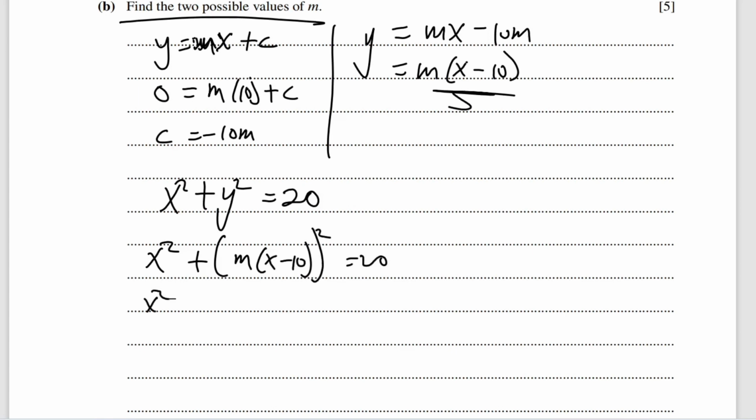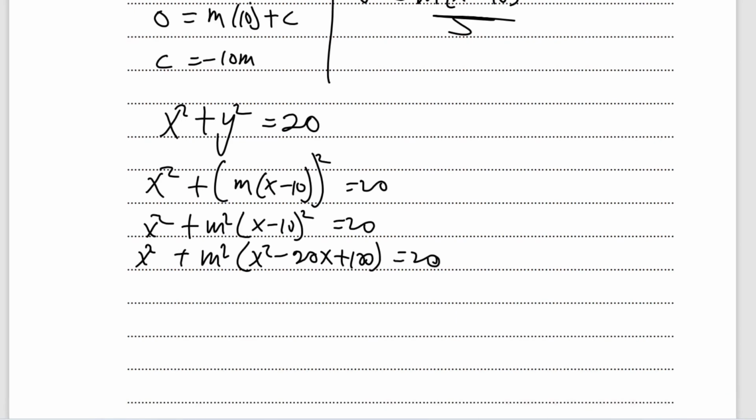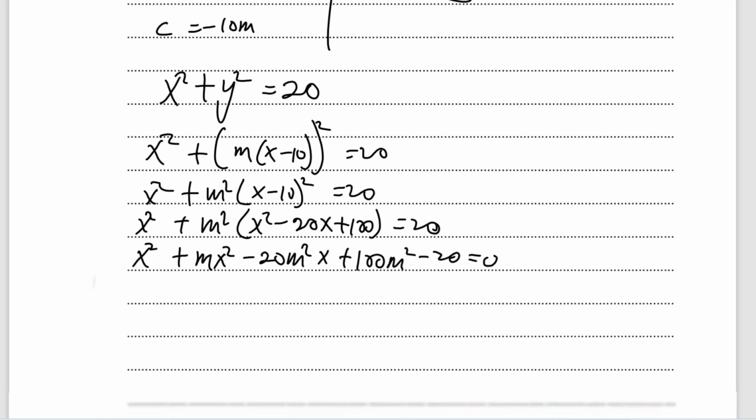So I have x squared plus m squared into bracket x squared minus 20x plus 100 is equal to 20. So I can also have x squared plus m squared x squared minus 20m squared x plus 100m squared minus 20 equals 0.